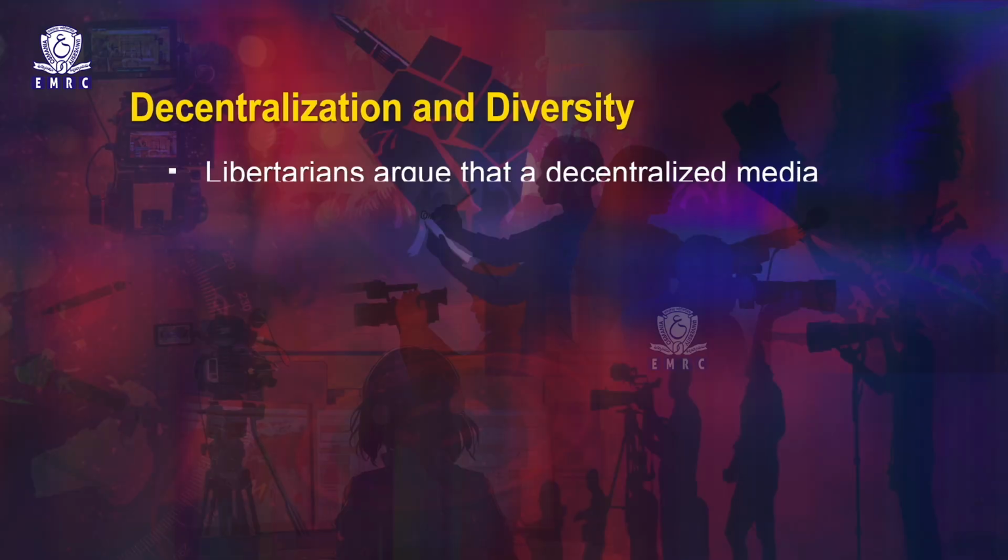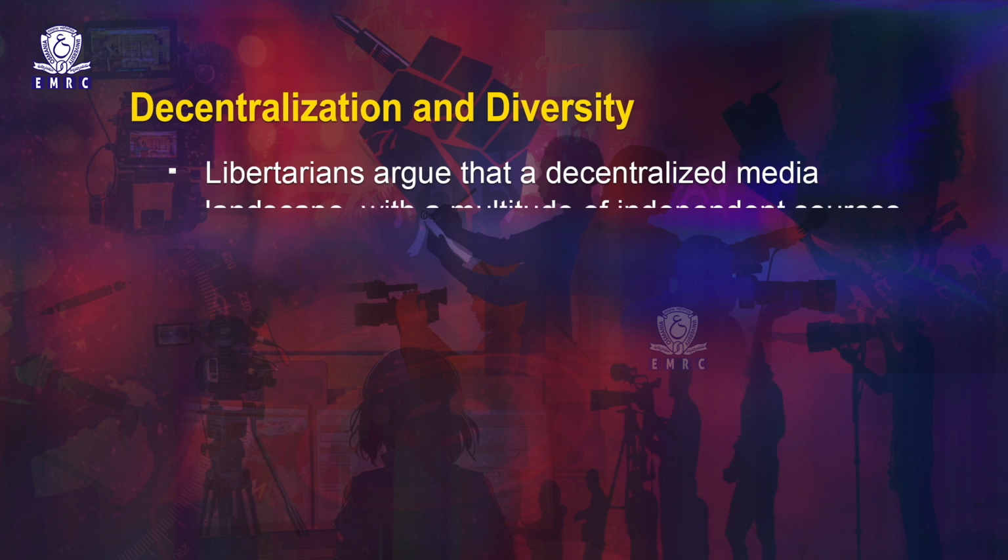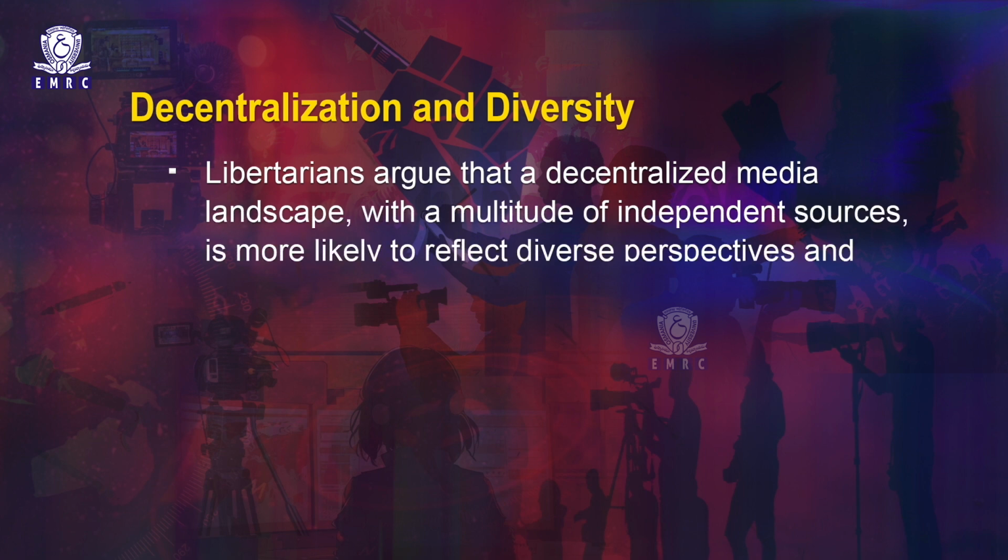Decentralization and diversity. Libertarians argue that a decentralized media landscape with a multitude of independent sources is more likely to reflect diverse perspectives and avoid concentration of power. In India, the vast and diverse population contributes to a decentralized media landscape.